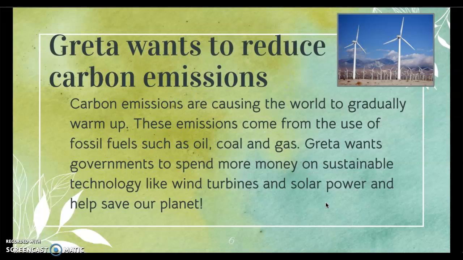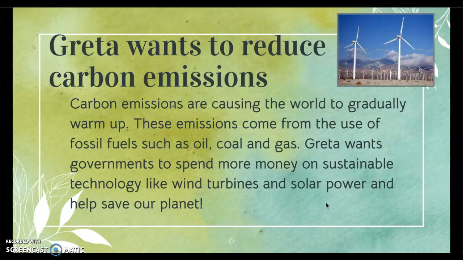What she wants is for the government to help reduce carbon emissions, which have caused the world to gradually warm up. Some of you may have heard of global warming. These emissions come from use of fossil fuels like oil, coal, and gas, like when we drive around in cars and airplanes, pretty much a lot of things that we do.